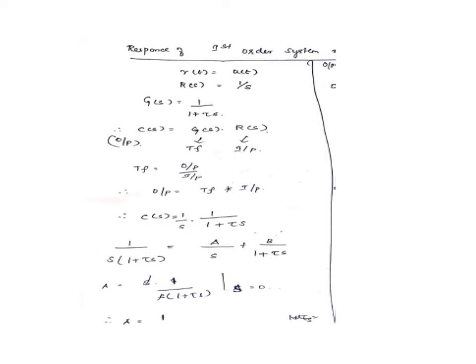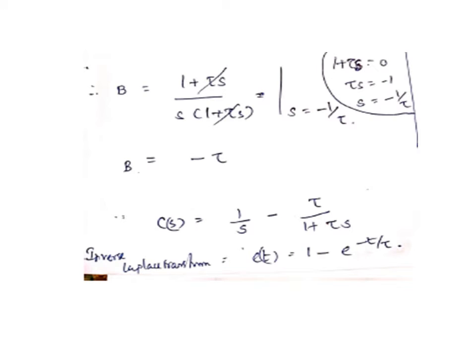This s and s get cancelled, and at s equal to 0, this is going to be the procedure. You might be knowing, because you have already completed this. At s equal to 0, the numerator is 1, and tau into s becomes 0, so 1 plus 0 becomes 1, the denominator is 1 and the numerator is 1, therefore a equal to 1 by 1, which is nothing but 1.